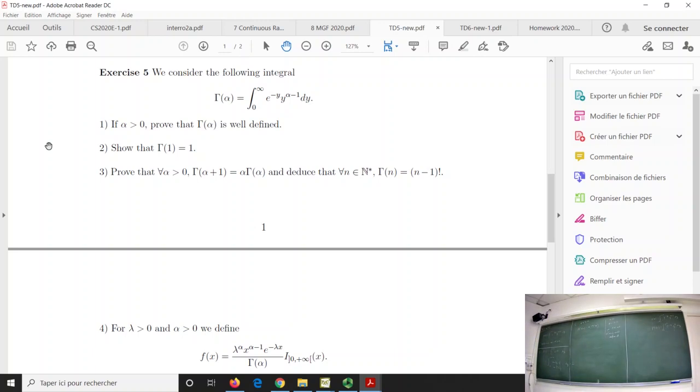So I use my integration by parts formula. And if I use it, I can say the following: gamma of alpha plus 1 is equal to minus the integral between 0 and plus infinity. I will write it this way: j f prime dy plus f j between 0 and plus infinity.